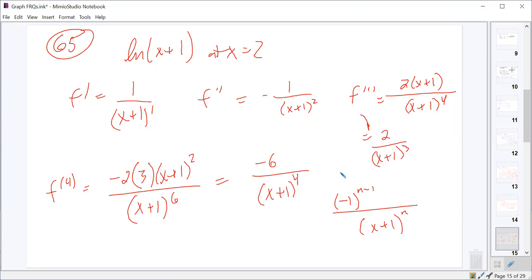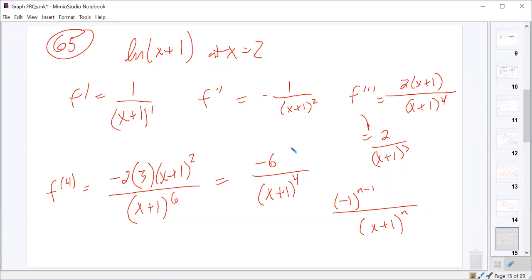If we did the n minus 1 power, n equals 1 for our first derivative gives us negative 1 to the 0, which is positive. And then if n is 2 for the second derivative, it gives us negative 1 to the first, which is negative, and so on. And then in the numerator, our constants go from 1 to 1, 2 to 6.